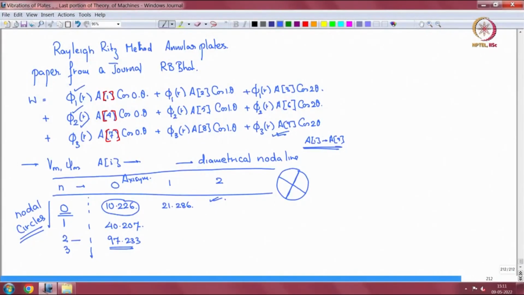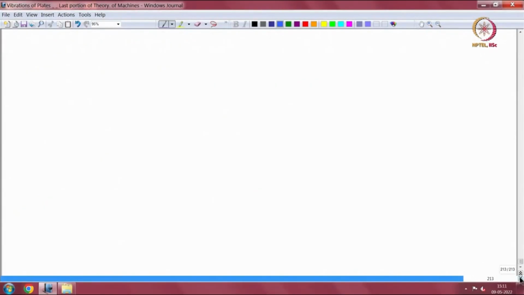Further, you could do the Rayleigh Ritz on a cylinder.